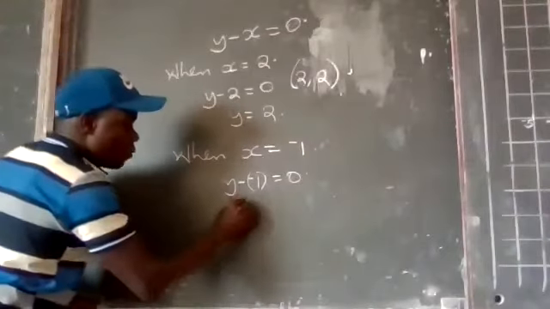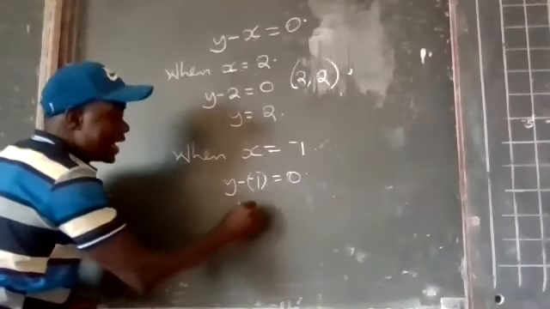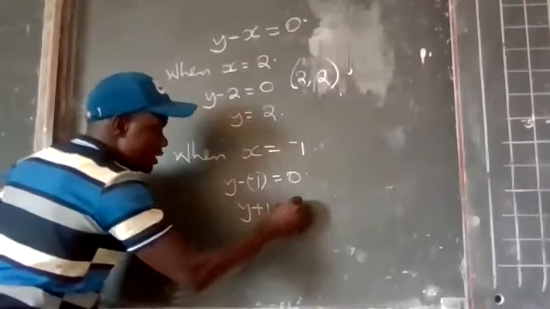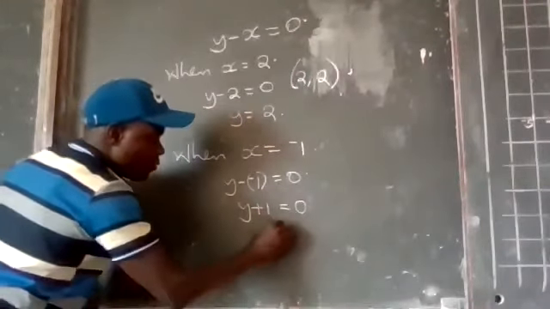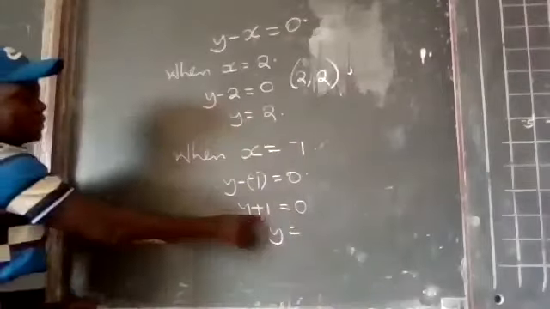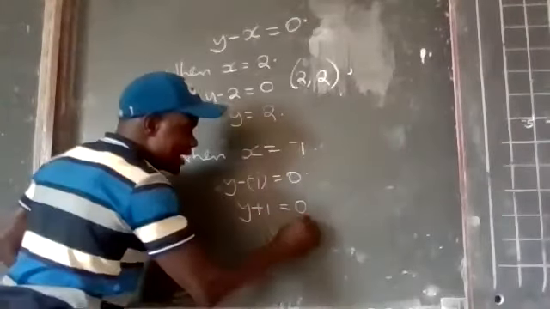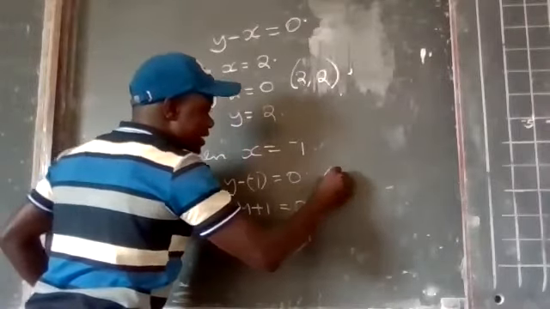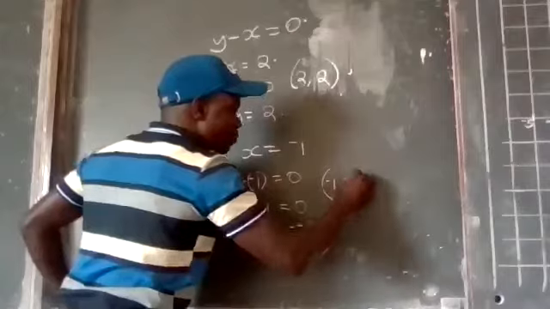Then y will equal negative 1. So my second point is negative 1, negative 1.